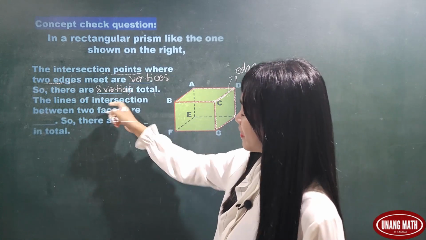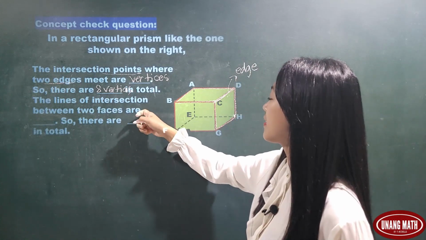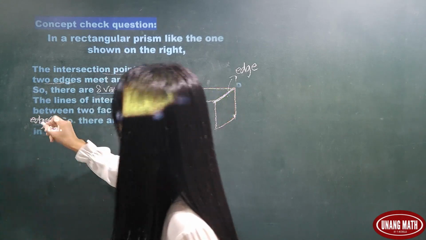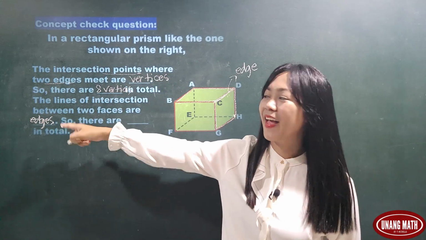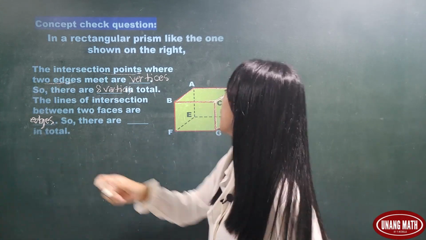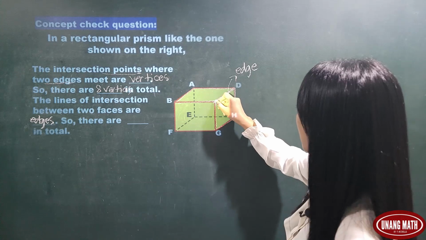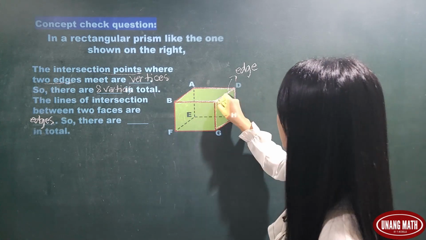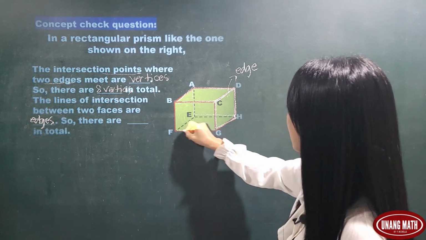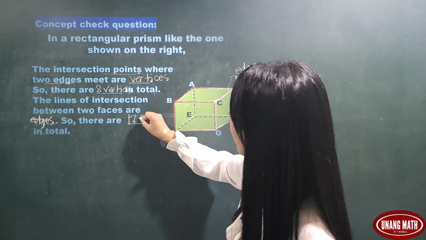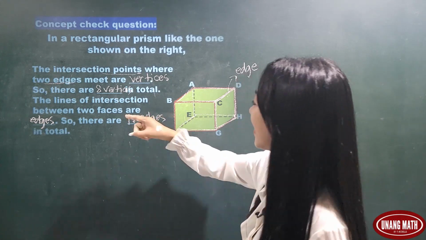So the lines of intersection between two faces are what we call edges. The plural form for edge is edges. So there are blank edges in total. Let's see. 1, 2, 3, 4, 5, 6, 7, 8, 9, 10, 11, 12. So there are 12 edges in total.